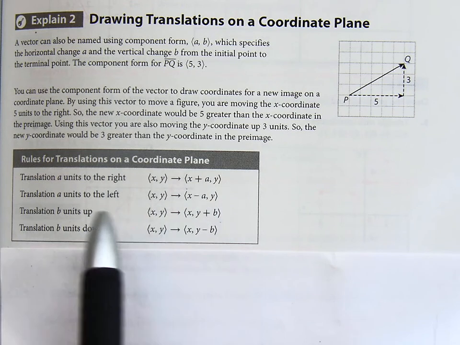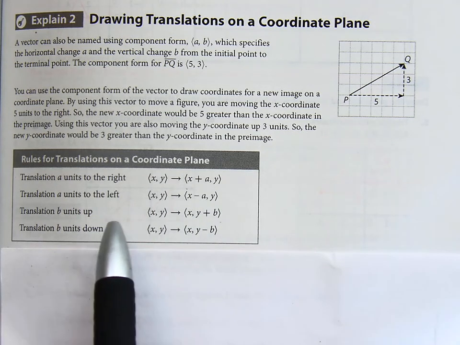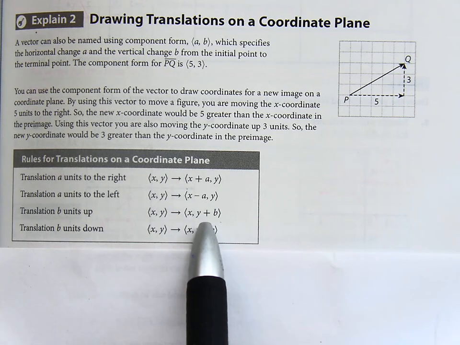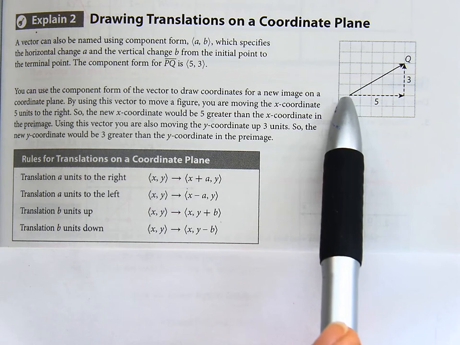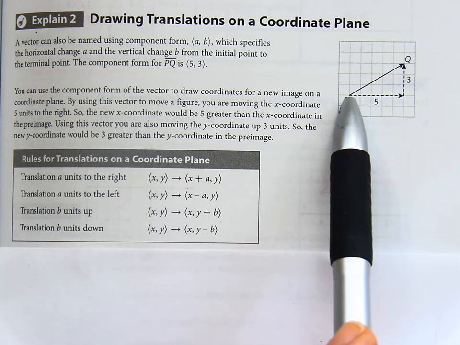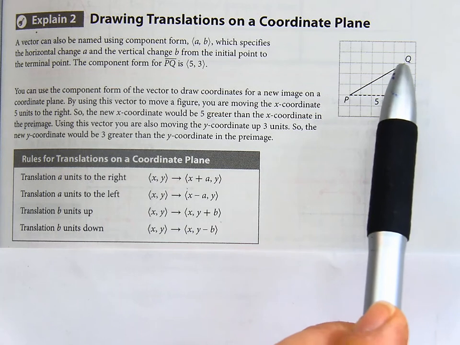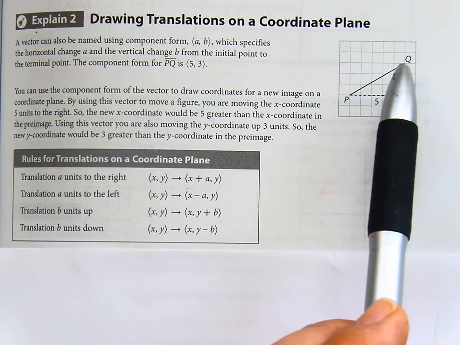If you're moving it to the left, you're subtracting that quantity from your x. If you're moving it up, you're adding that much to the y quantity. Originally the y value over here would be 2, but if I go up 3, then if you notice, the y coordinate for Q is now 5.